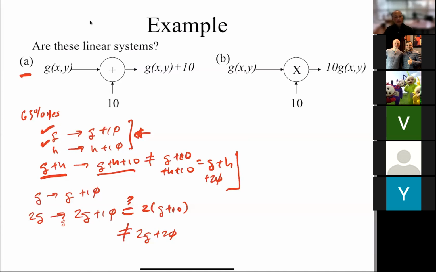Okay, last person, if you can respond. Great. Okay, so 7 out of 8 of you said it is linear.